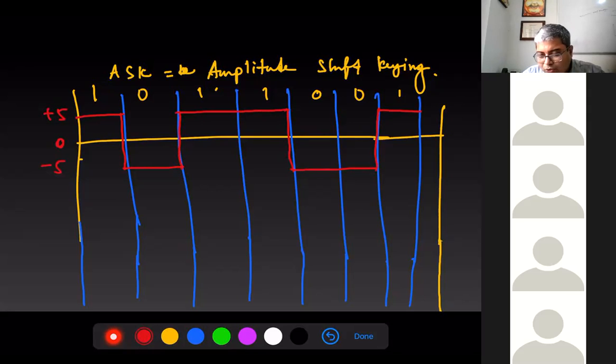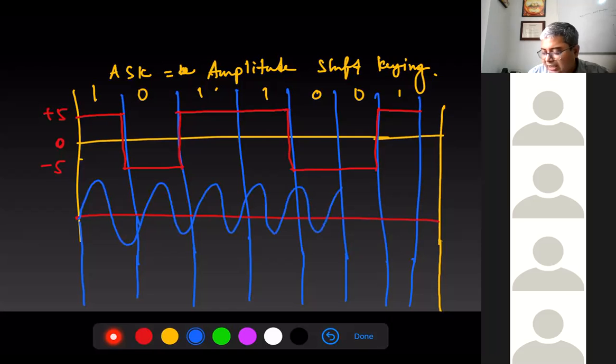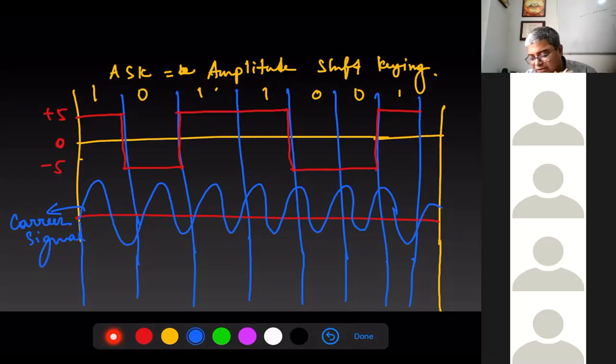The rule to convert a digital signal to an analog signal with amplitude shifting is that I will consider one carrier frequency. Carrier frequency is a high frequency signal which will carry the digital signal. Now I will change the amplitude of the carrier signal with respect to the change of the digital signal.